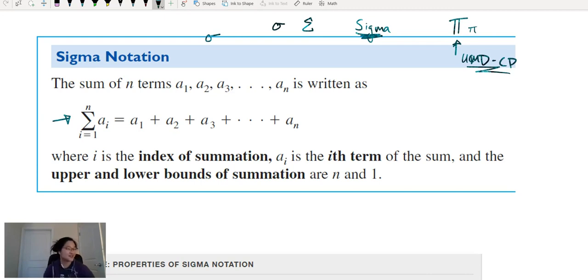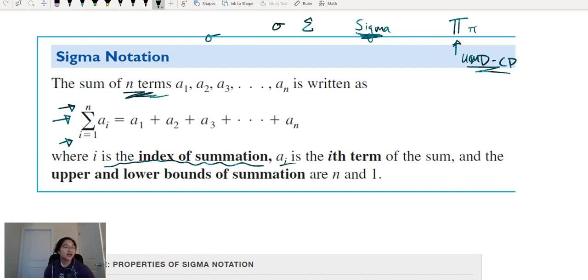So, sigma notation. The sum of n terms, a1, a2, a3, up to an, or a sub n, that's another way of saying that, a sub 1, a sub 2, a sub 3, a sub n, is written as sigma, with the little i down below, which is the index of summation. It goes from i equals 1 to i equals n, which is the number of terms we're looking at.